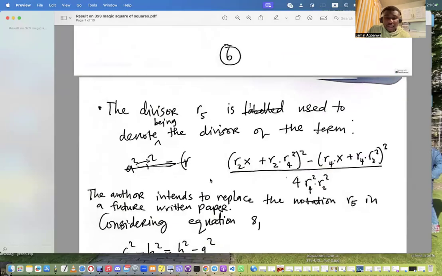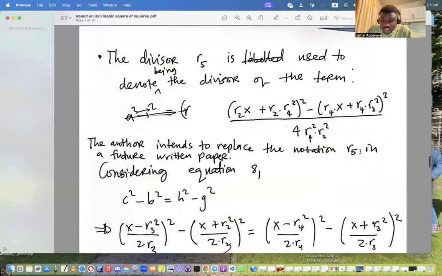And yeah, like I earlier said, the divisor R subscript 5 is used to denote being a divisor of this particular term, which is of that of a squared minus i squared. And so I do intend to replace this particular notation.